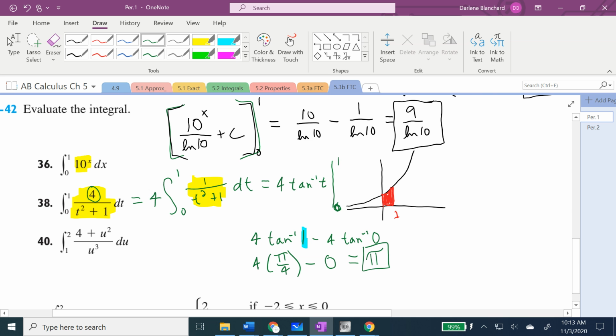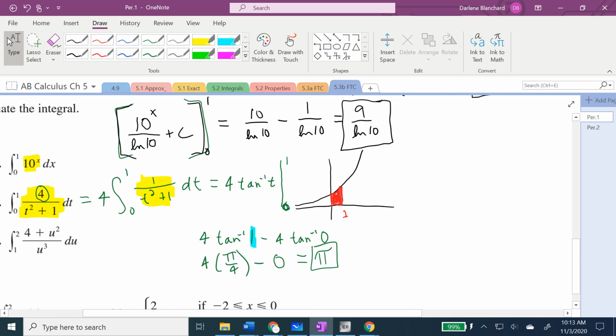If I were to graph this function, it looks like a bit of a bell curve. Its highest value is the 4 because of the multiplication.